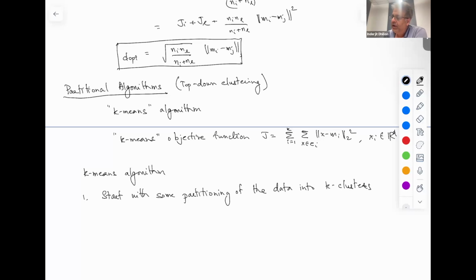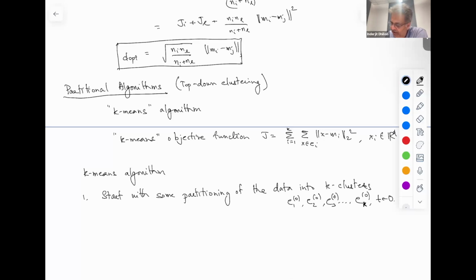Let me call them C1, and with a superscript I'll denote the iteration number. So right at the beginning, these are the clusters. Remember there are K clusters, and I'll set t equal to 0. And t is basically the superscript that I'm using.